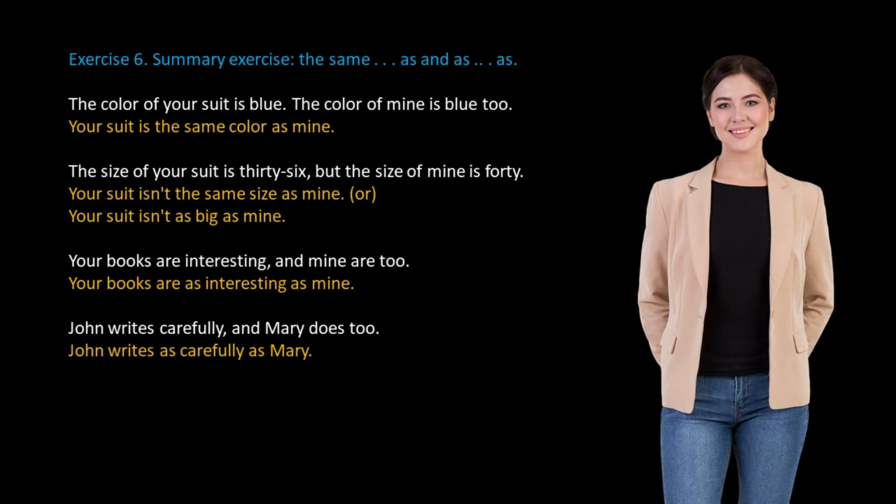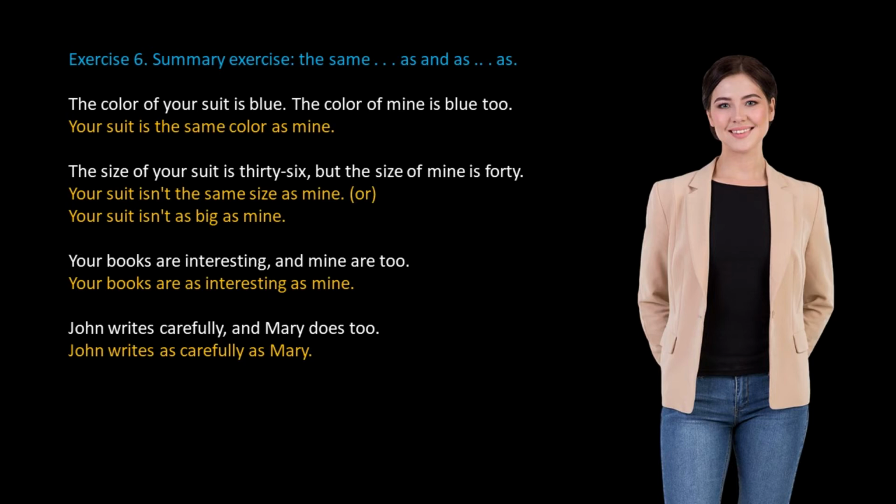Exercise 6. Summary exercise. The same as and as. For example, the color of your suit is blue. The color of mine is blue too. Your suit is the same color as mine. The size of your suit is 36, but the size of mine is 40. Your suit isn't the same size as mine.